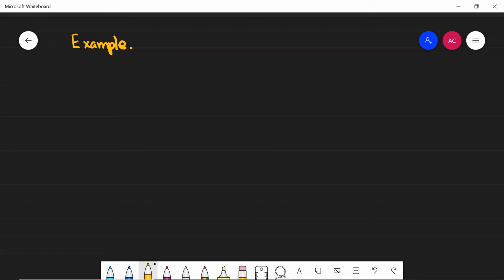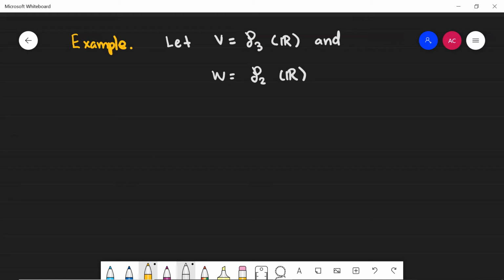I'm going to suppose that I have two vector spaces. We'll call them V and W. V is going to be the vector space of polynomials of degree no more than 3, so V is going to be P3R. And why don't we take W to be P2R.